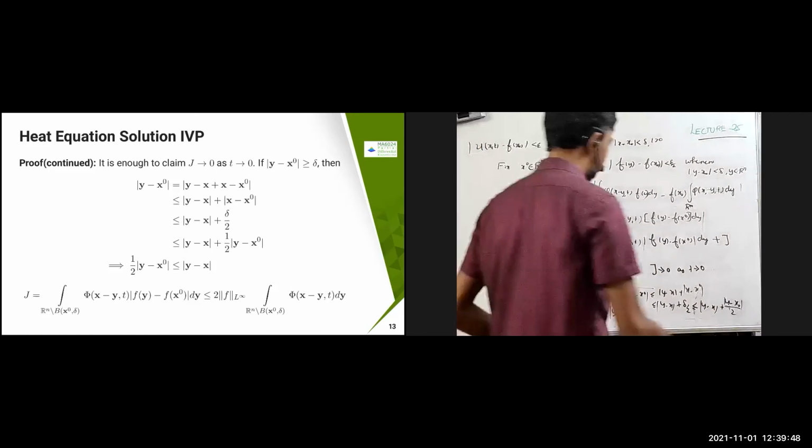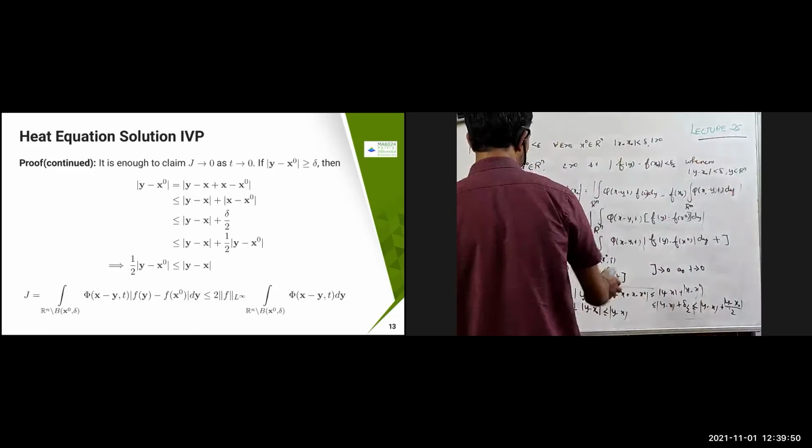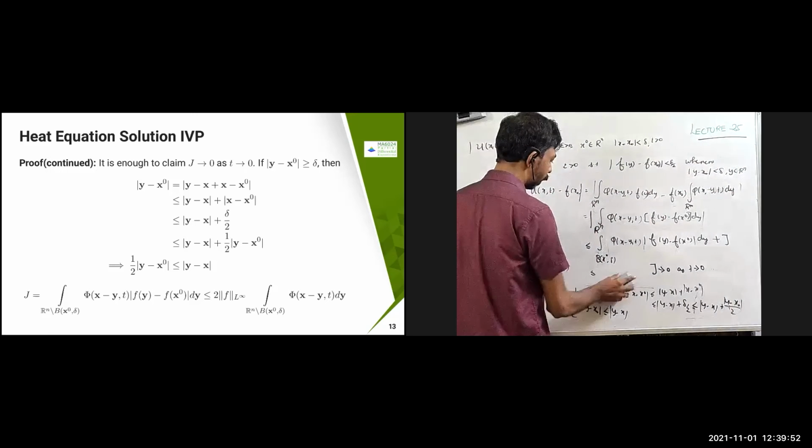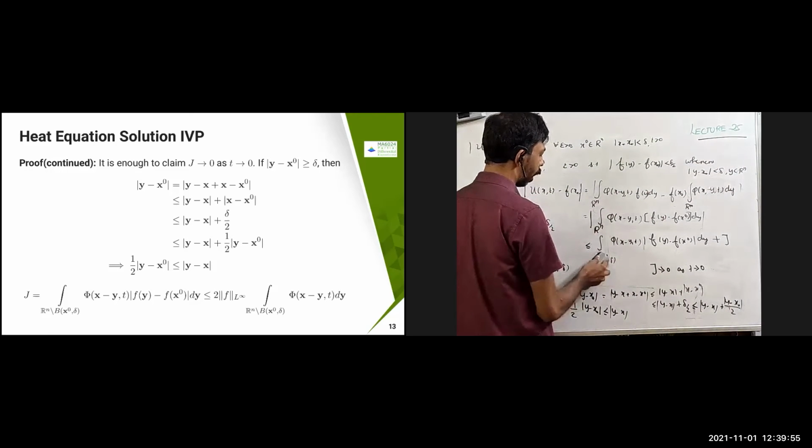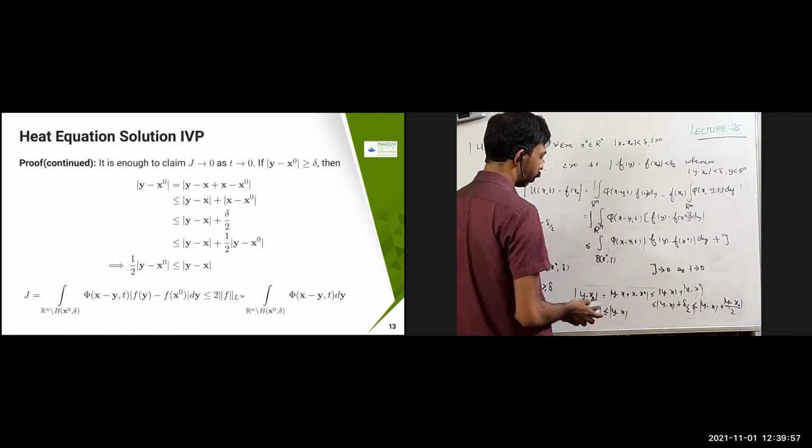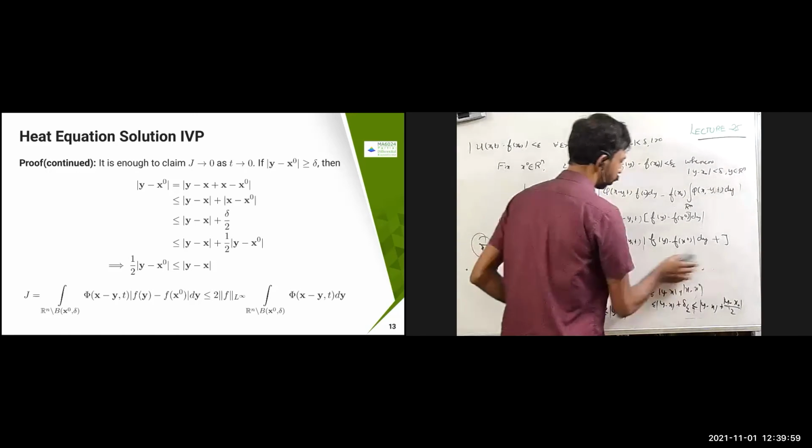So what I'm left with is that I have to prove that J tends to 0, where I have R^n minus B(x_0, delta).